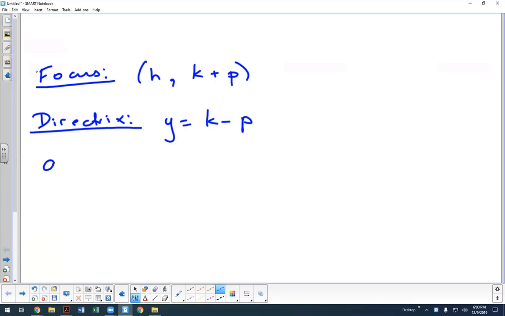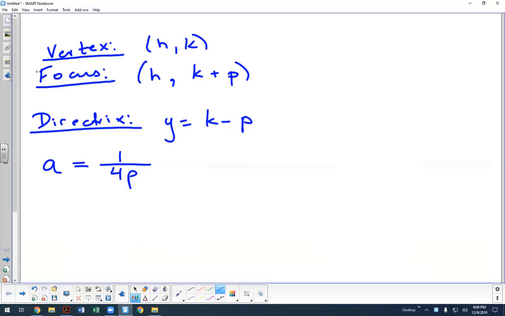The relationship between a and p is a equals 1 divided by 4p. And let's not forget that the vertex of our parabola is always at h, k, okay?